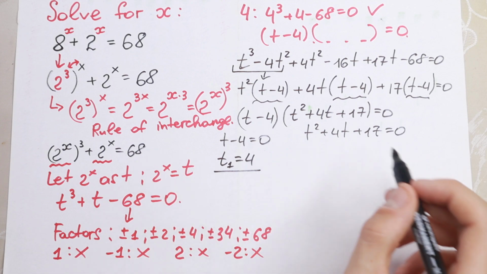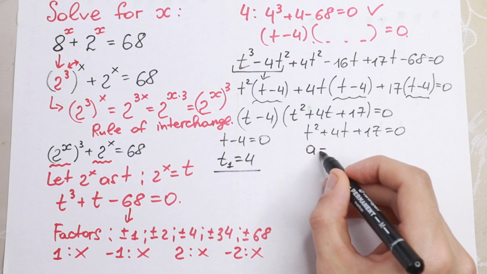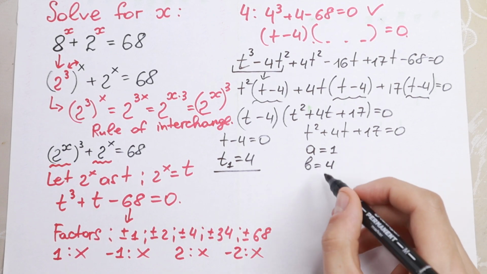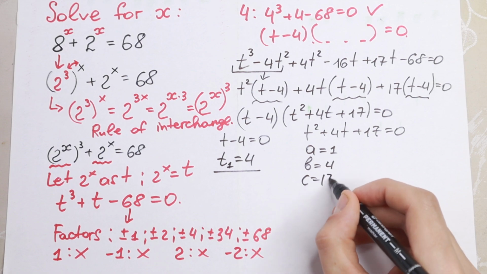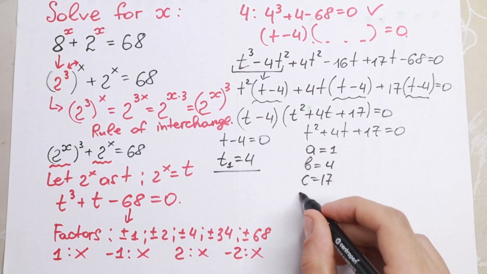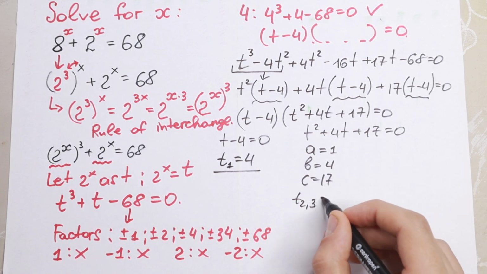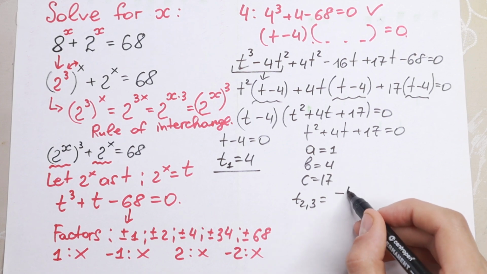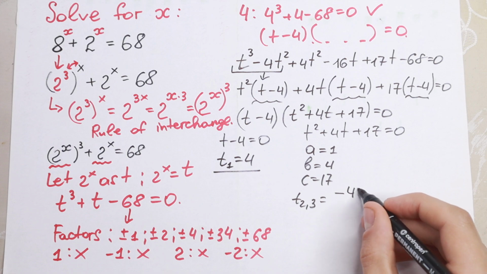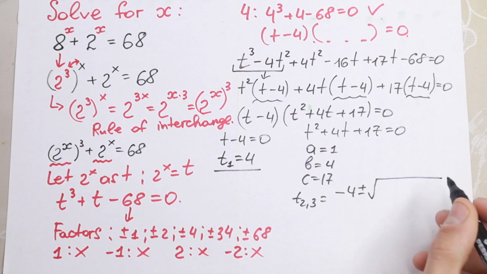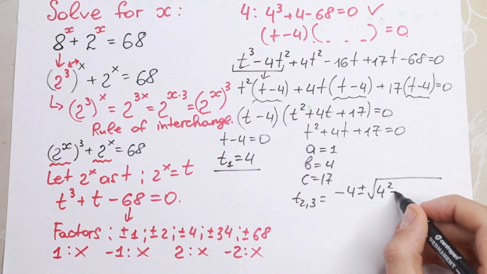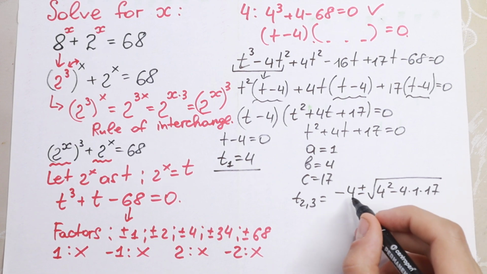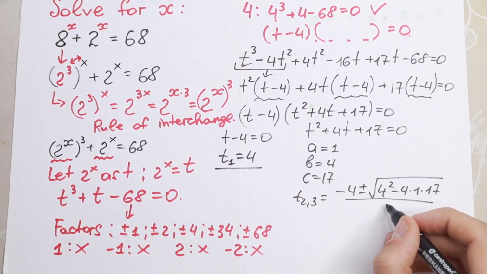And on the right hand side, what will we have? We will have our a, b, c: a equal to 1, b equal to 4, and c equal to 17. So we can easily find our t second and t third, so the second and third roots. What will we have? Minus b, minus 4, plus minus square root of 4 squared minus 4 times 1 times 17, divided by 2.